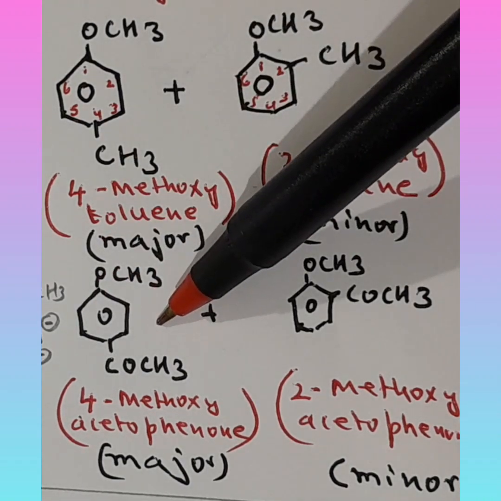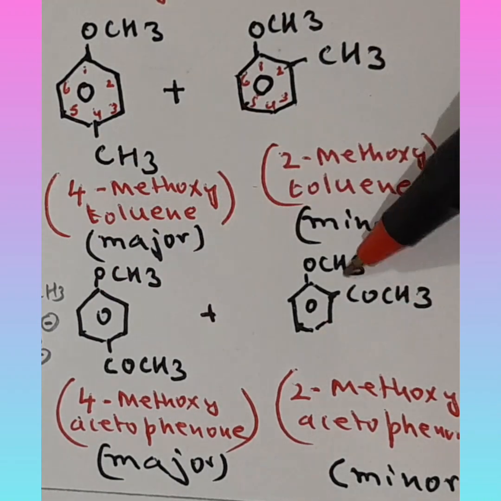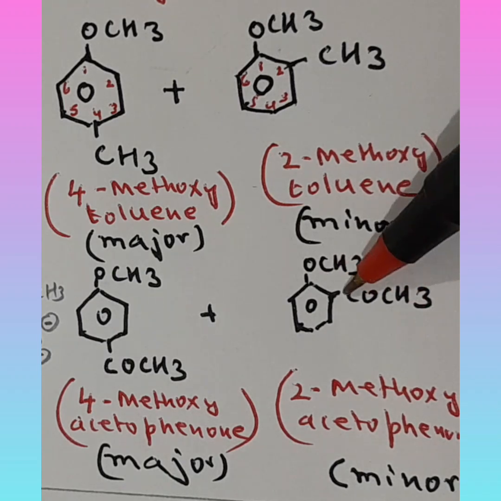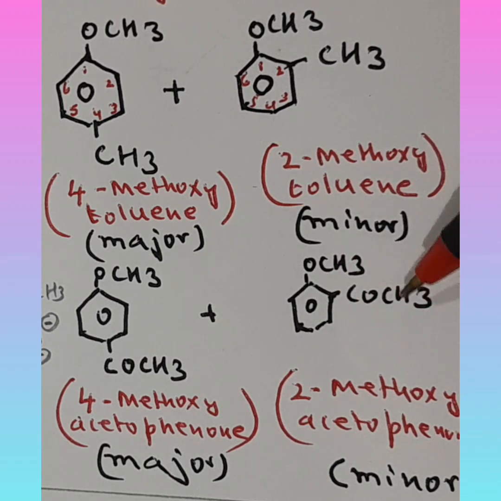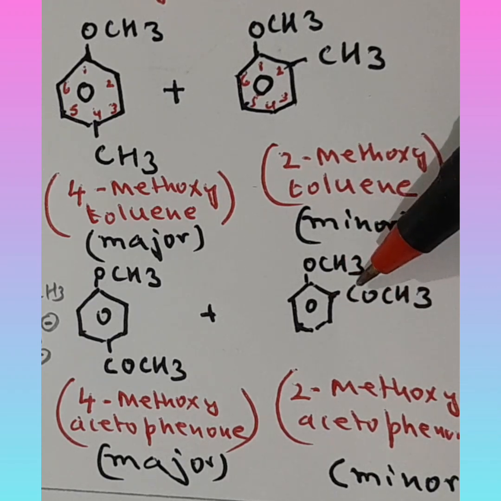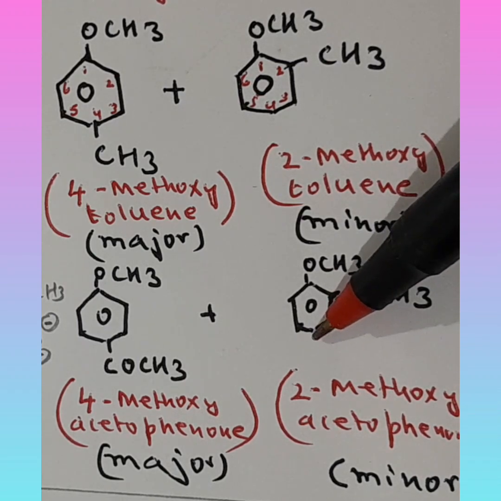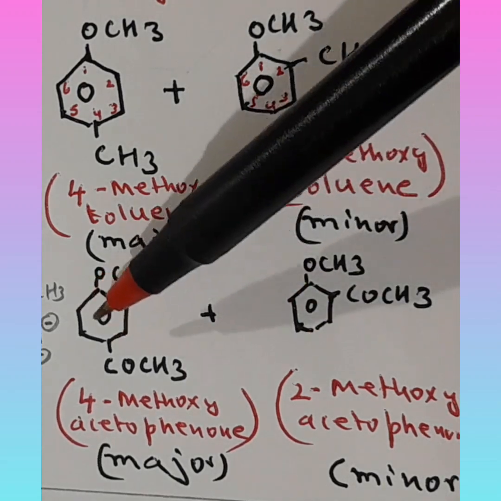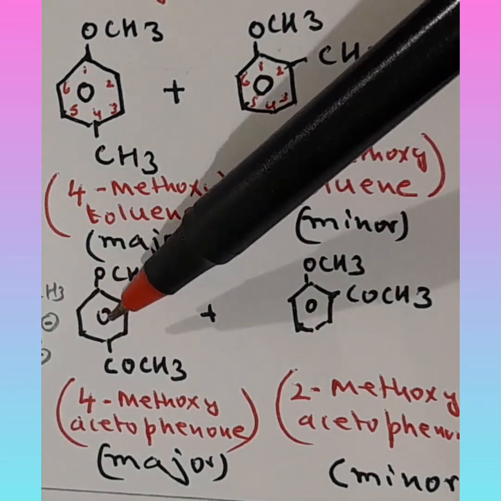Same is the situation over here. Now here C double bond O CH3 is very bulky. So steric factor wise, it is very huge. Alright, too much repulsion owing to the steric factor. So it goes to the para position where there is least steric hindrance. So here also it is the steric factor and not the electronic factor.